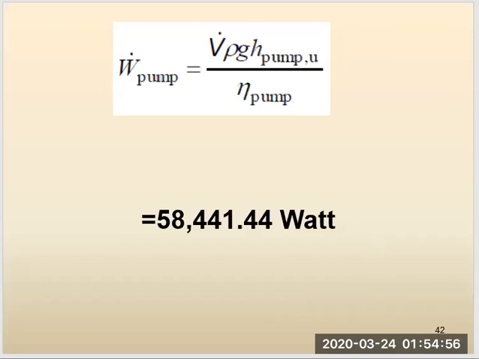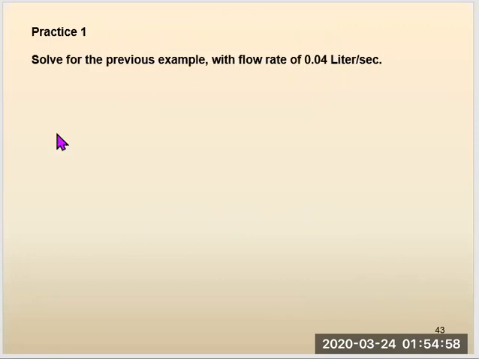What I want you to do is solve the previous example as practice for this session, with the only difference of having a flow rate of 0.04 liter per second, and see what procedure you need to follow.